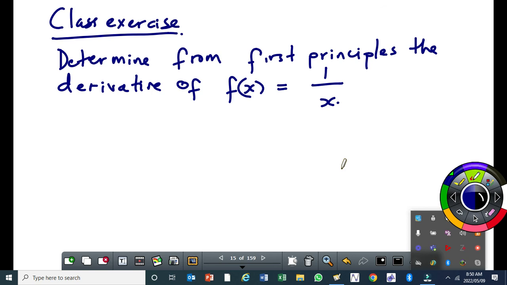It's your book, you're supposed to use the pen. Find f of x plus h: replace this x here by x plus h, and then you substitute it into the formula.